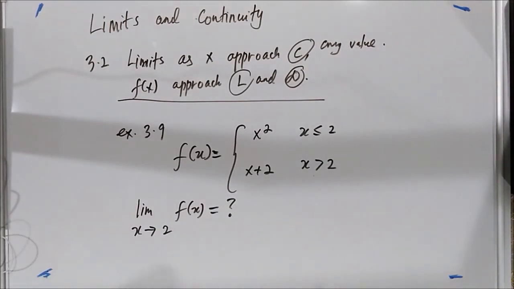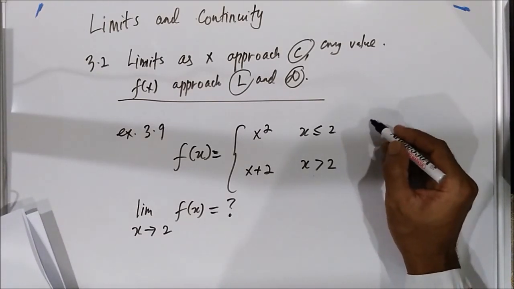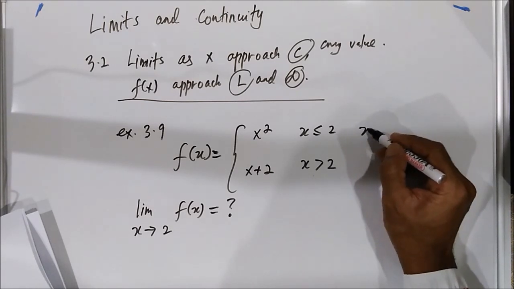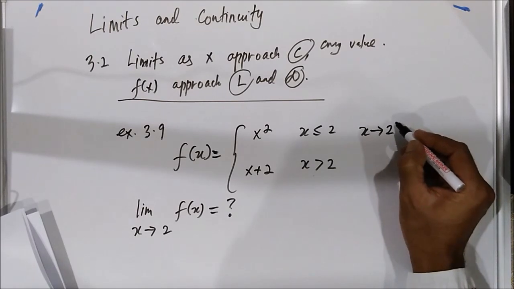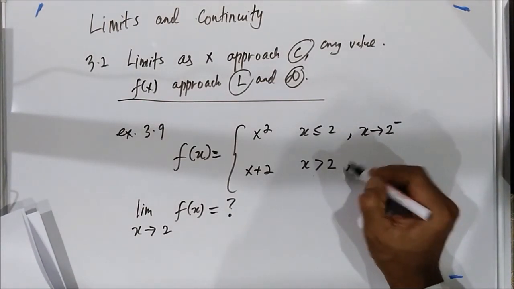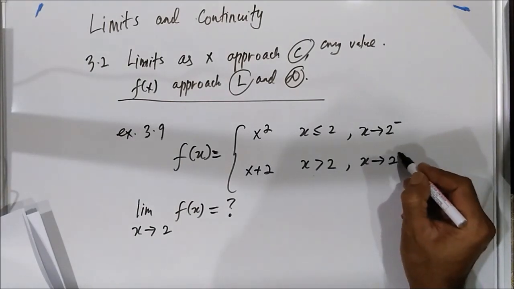Okay. So since we have two directions here, one is where x approaches 2 from the negative side, and the other is where x approaches 2 from the positive side.